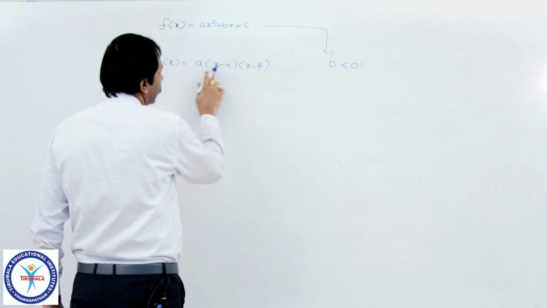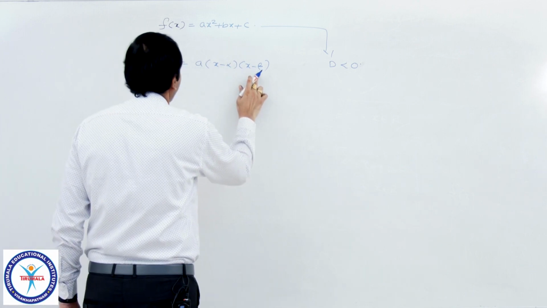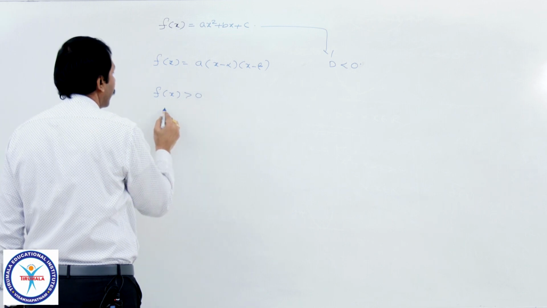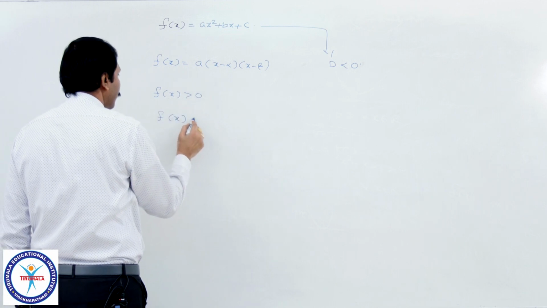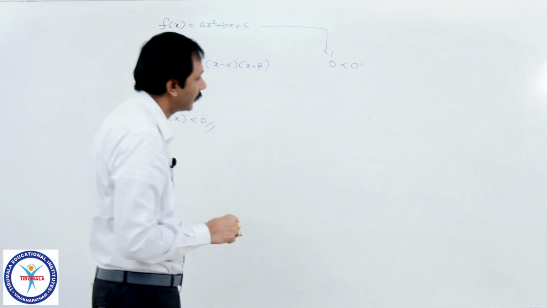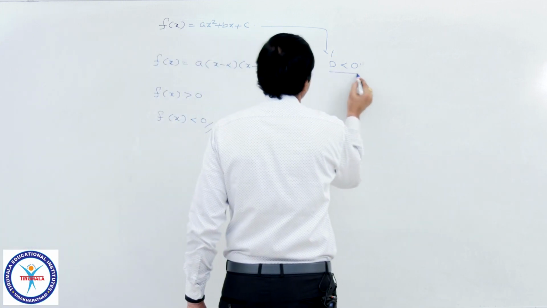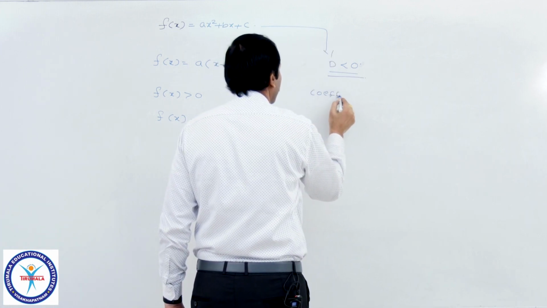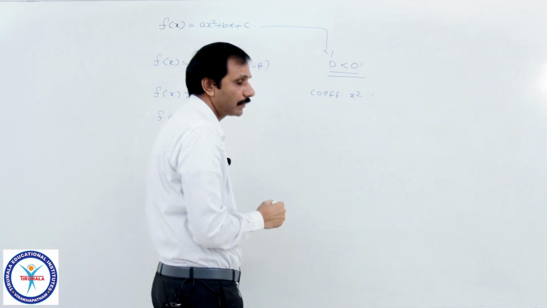And if it is a into x minus alpha into x minus beta, you know how to find values of x where f of x is greater than 0, f of x less than 0. This you can handle very easily. And whenever the discriminant is less than 0, you observe the coefficient of x square.